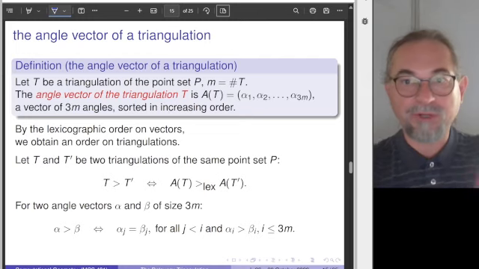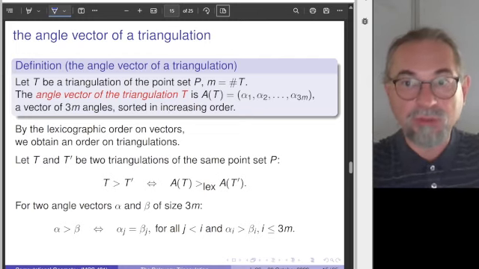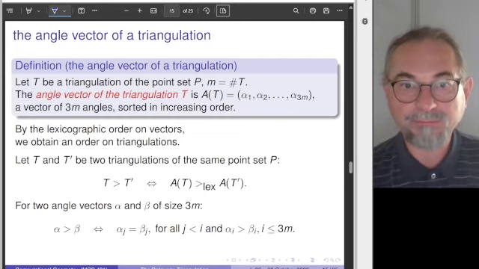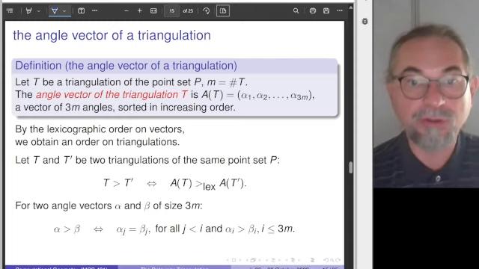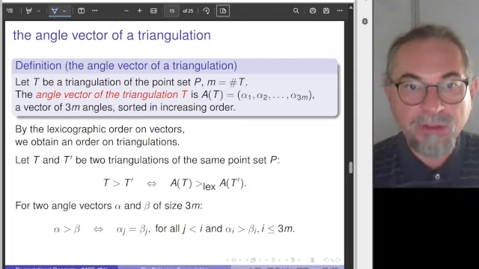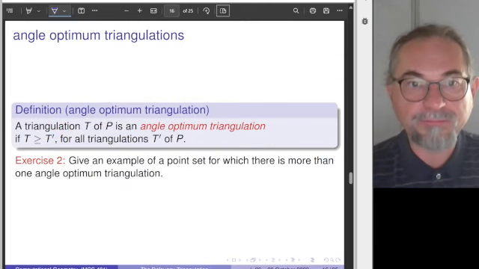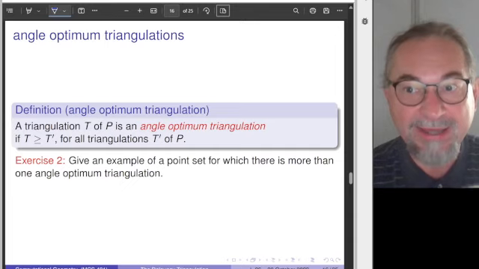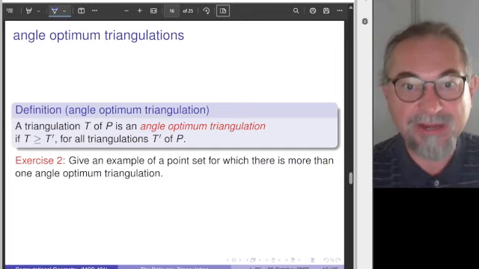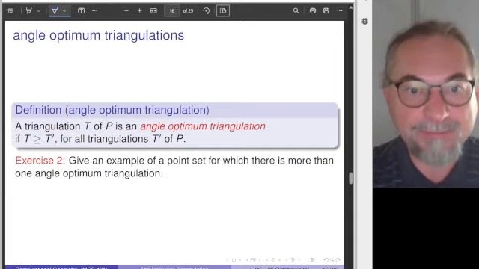If we have somewhere a terrain, we have measured heights, we want to model how the surface looks. What is the best shape that we're going to use in our modeling? So if there is an order, any 2 triangulations can be compared that way.